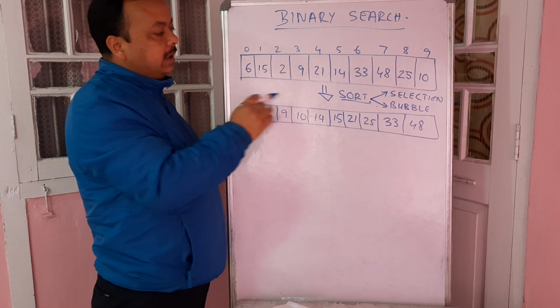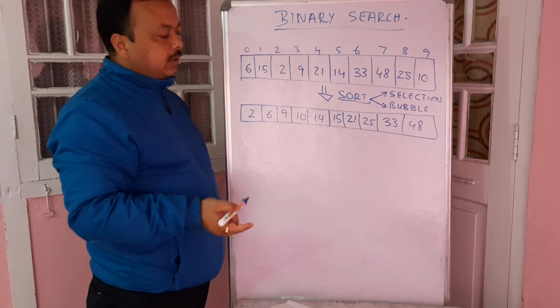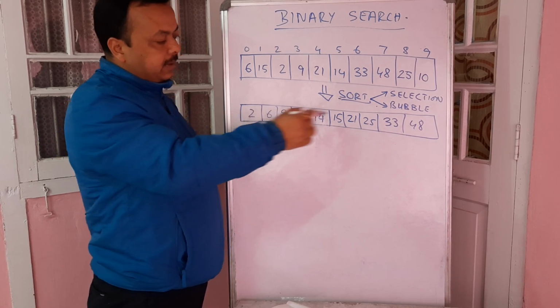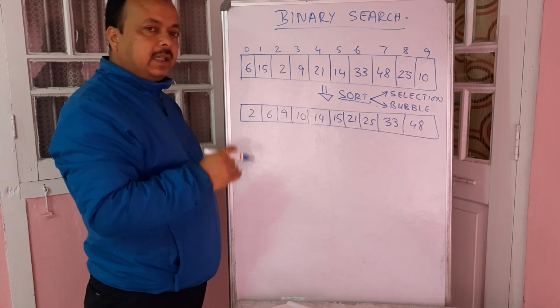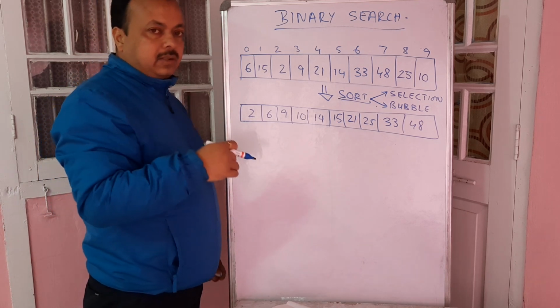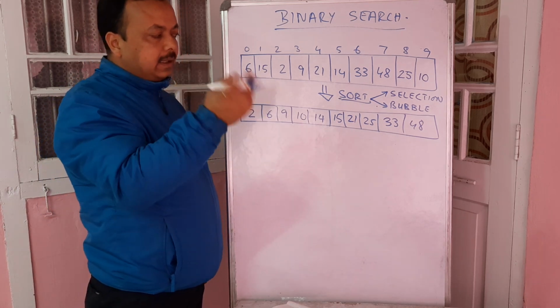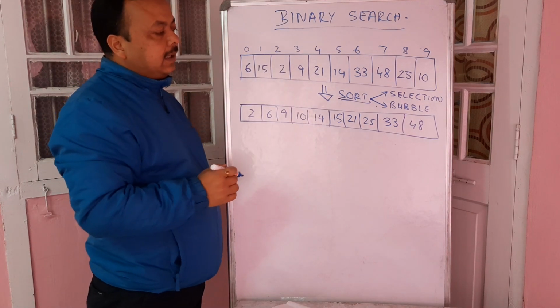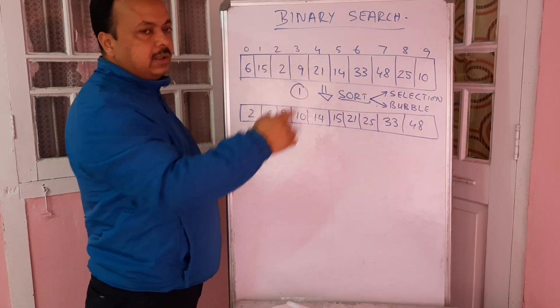In that case, you don't have to sort. You can assign the elements in that order to the array and immediately start your search. But if you are asked to declare an array and store random values, then the first thing you need to do is sort.